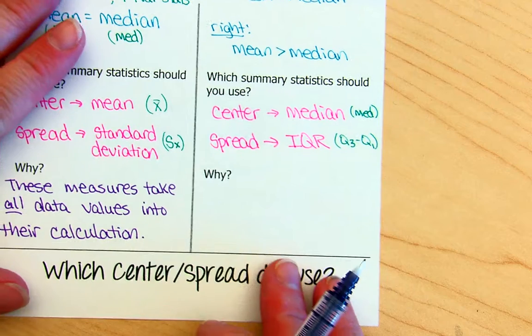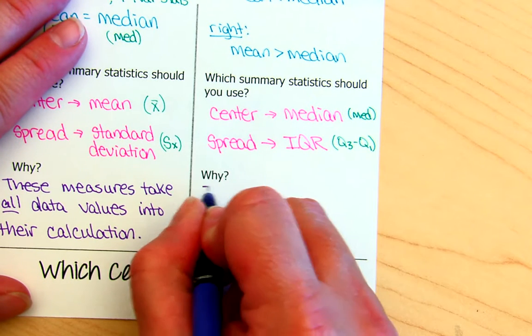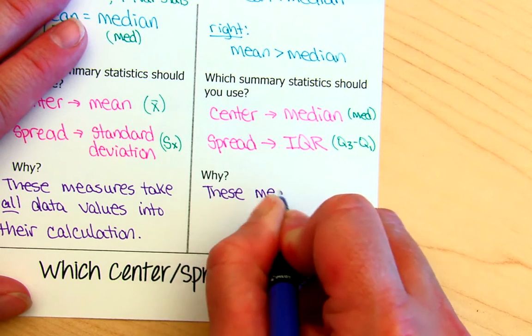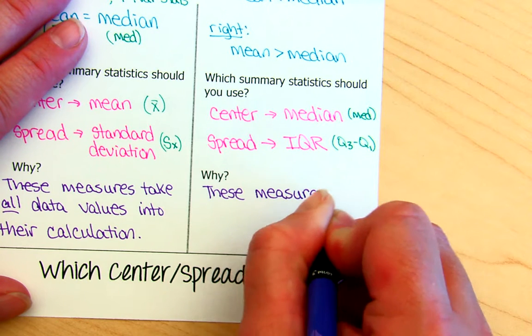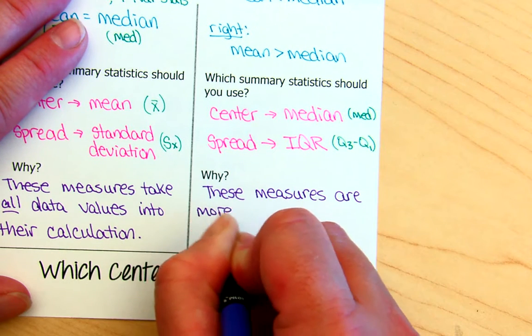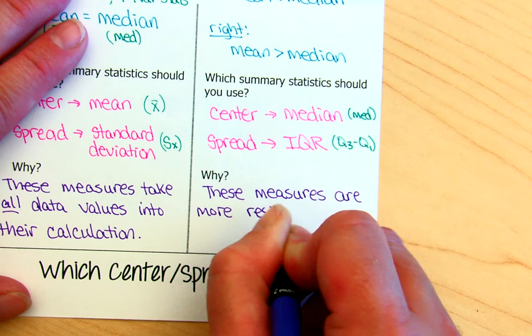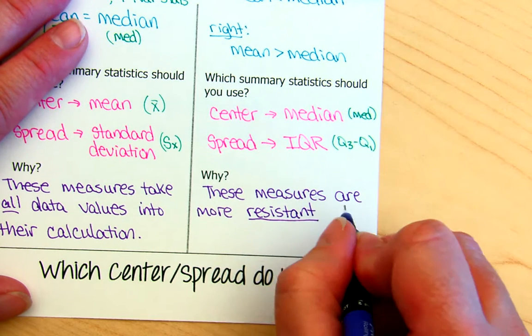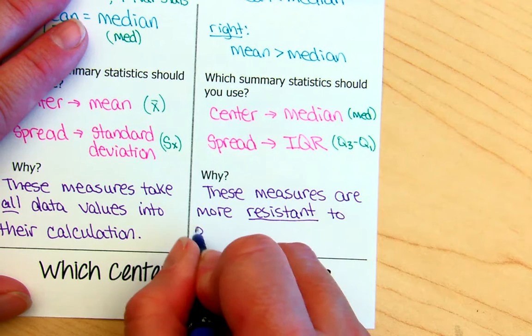So why do we use these? Because these measures are more resistant to outliers and skewness.